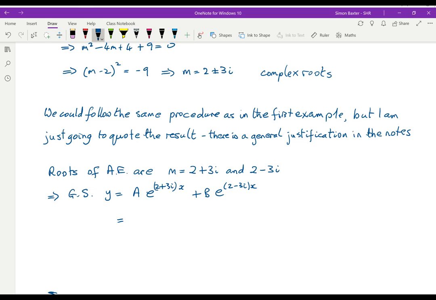Well, they've both got a factor of e to the 2x, and I'm left with a e to the 3ix plus b e to the minus 3ix.